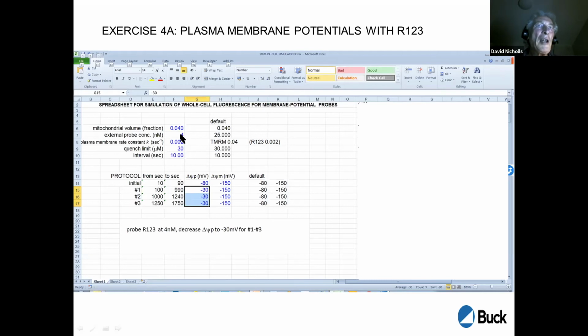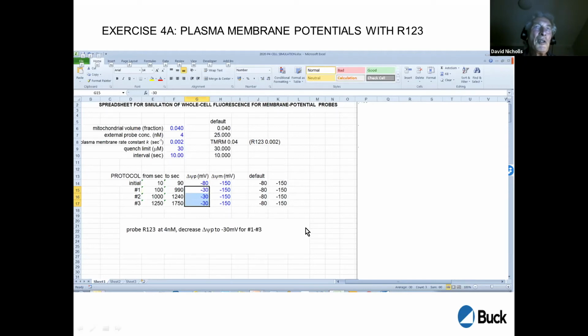So 4 nanomolar rhodamine 123. And then we've repolarized the plasma membrane potential. We repolarized the mitochondrial membrane potential. We're now going to depolarize the plasma membrane potential, and we'll do it for rhodamine 123. So we're going to take the plasma membrane potential from -80 to -30.